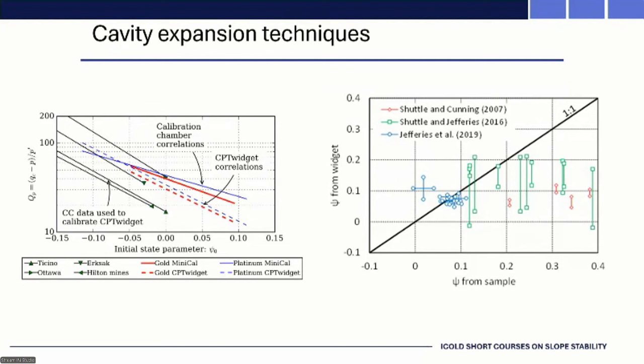So I guess this is an evolving technique using mini calibration chambers. Got a couple of consultants in Perth now that are building their own. So you're probably going to see a lot more of this kind of thing where you can start doing direct measurements more easily, and then maybe start using the widget with more confidence, because you can actually get much better estimates of those K and M parameters.